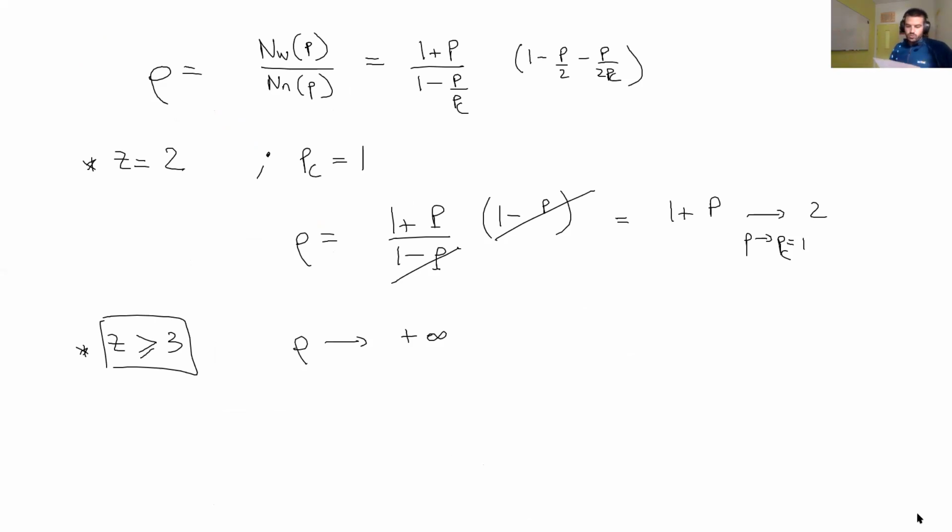And now we would like to end by discussing the critical behavior. The objective now is, can we discuss the shape of this distribution when P goes to PC.